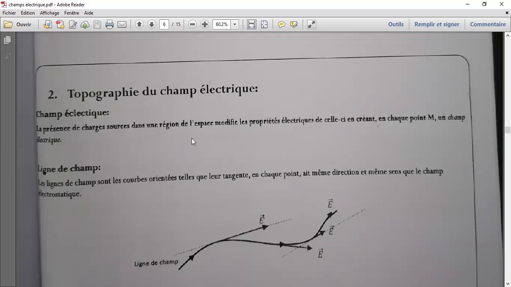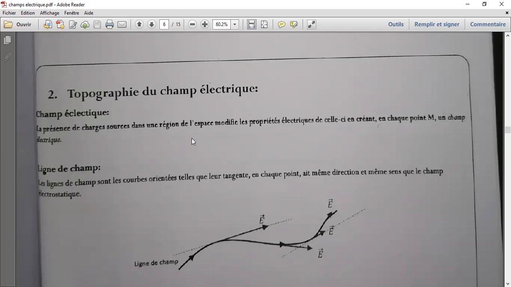So here they're just saying that this source, the charge source, which creates the force, is the one which modifies, the one which defines how much force will be exerted on another charge. I can say it's the definer of the electric property, because it's the one creating this force, creating a champ, creating an area which is electric, because it's the source.